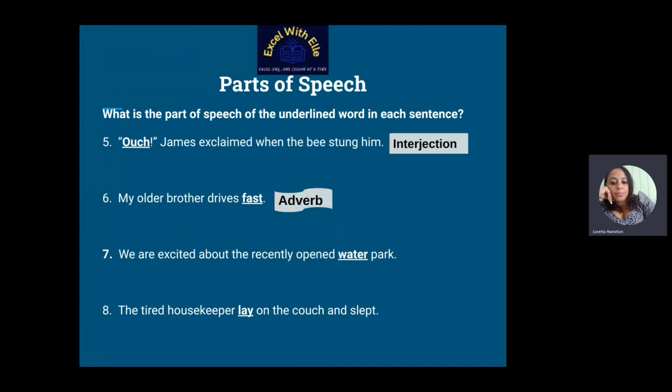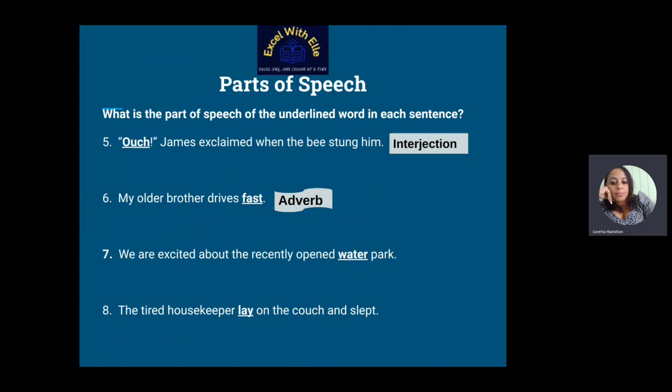So in this case, water is not a noun because its function is not to name something. Rather, the function of this word here is that it describes the word park. It tells what kind of park. So it is describing or modifying the noun park.